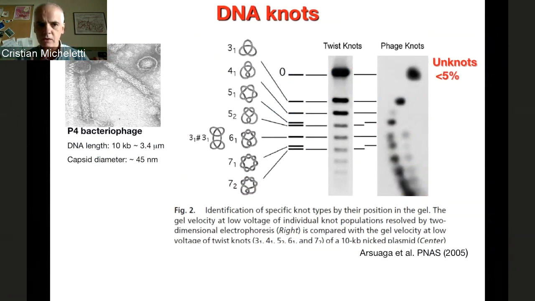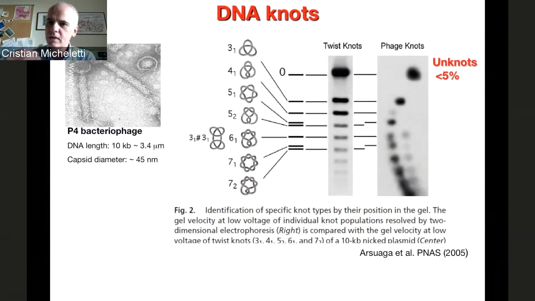So when the two ends go inside, what happens is that they anneal, and essentially you trap in the form of proper topological knots any type of physical entanglement that you had in the DNA molecule to begin with. At this stage, what experimentalists do is to blow away the capsid by chemical means. They collect all the genetic material and they run it through a gel using an electric field.